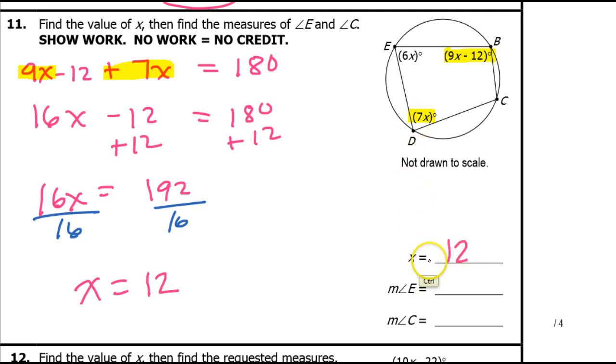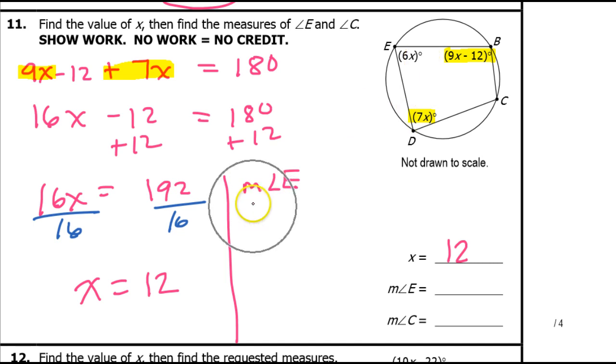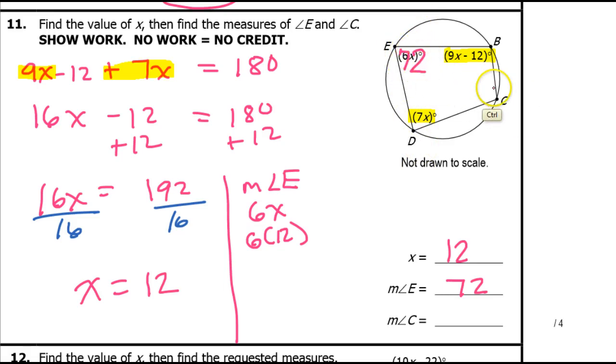Now the measure of angle E is going to be 6x, so that's 6 times 12. So that's going to be 72. And furthermore, if angle E is 72, that is opposite angles with angle C. So the 72 and angle C, those are supplementary.